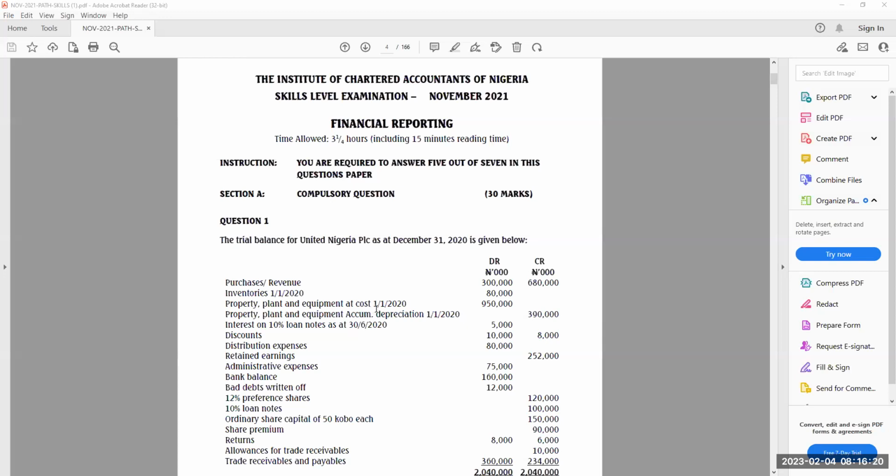Property, plant, and equipment at cost, 1/1/2020. Property, plant, and equipment accumulated depreciation, 1/1/2020. Interest on 10% loan note as at 30/6/2020. Discount, distribution expenses, retained earnings, administrative expenses, bank balance, bad debt written off, 12% preference shares, 10% loan notes, ordinary share capital of 50 kobo each, share premium.